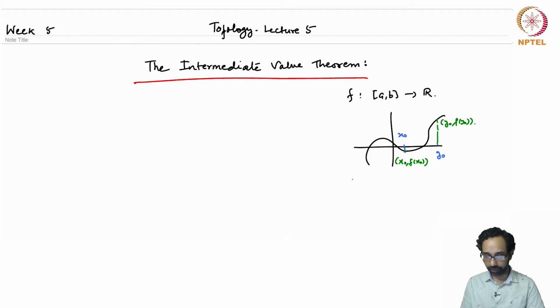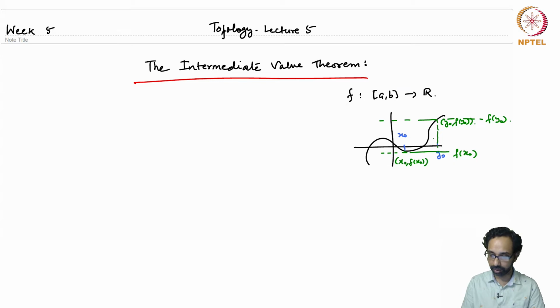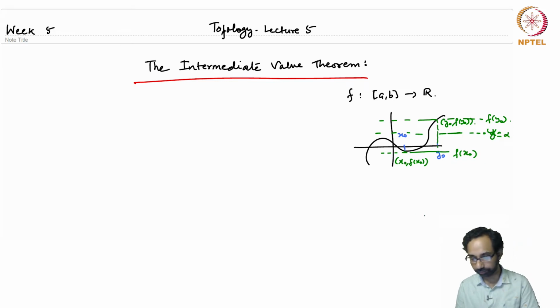Now we have this interval in the vertical direction. This is f of x0 and this is f of y0. So if you choose any point, let us say here, alpha, this is the line y equals alpha.